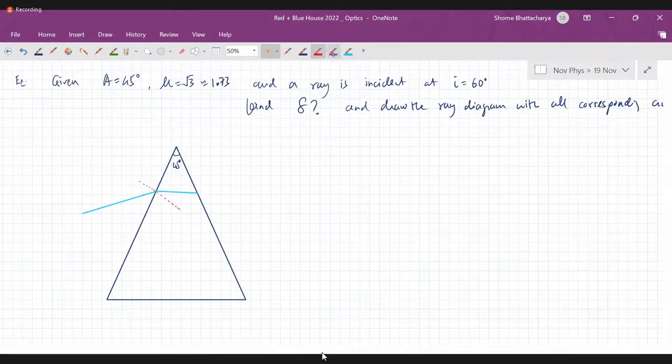So here we'll see that if this angle of incidence is 60 degrees, and mu is equal to root 3, then we have sine 60 is equal to root 3 sine R1.